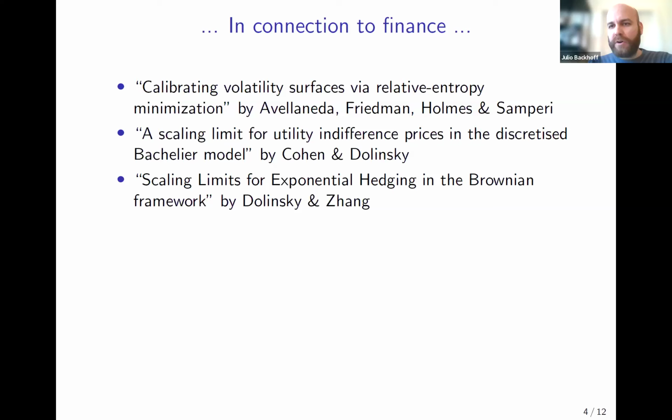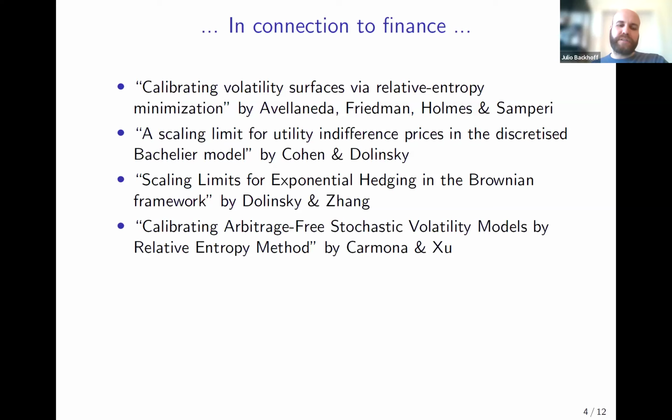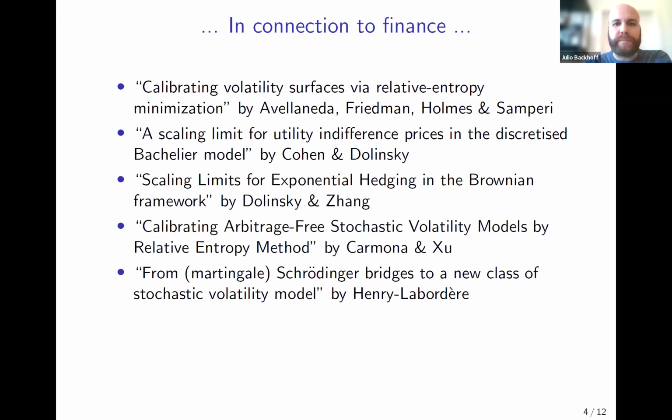I want to mention a couple more that are maybe less close, but I think still interesting to look at. So for instance, these two papers by Carmona and Xu and Henri Labordère more recently, they also consider the problem of model calibration when you have volatility uncertainty. And they also consider relative entropy as some sort of loss function. But what they do is that they consider actually stochastic volatility, where the vol of vol is known, but what you don't know is the drift of the stochastic volatility.